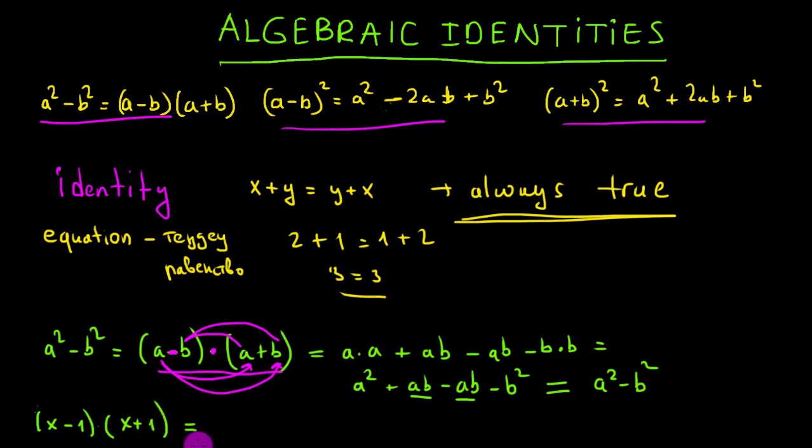You could write it as, so x would be a, 1 would be b, 1 square is just 1, so x square minus 1. That's it. You could write this one as this one. So this identity goes both ways: you can go from this one to this way, and from this one to this way.